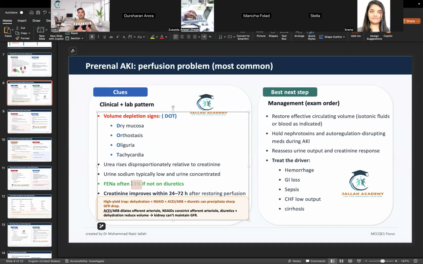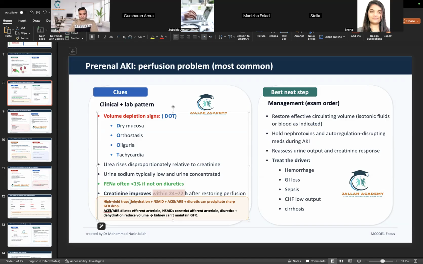It is renal or intrinsic acute kidney injury. So this is the best tool for differential diagnosis between pre-renal and renal. Remember it. They might even ask you. And creatinine improves usually within 24 to 72 hours, as opposed to renal, which will improve, but not as rapidly as pre-renal. So it will take its time, okay?